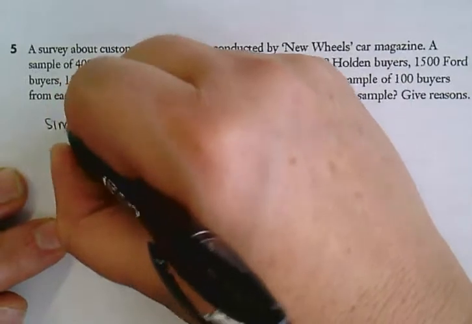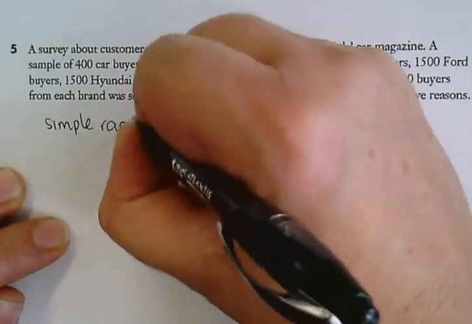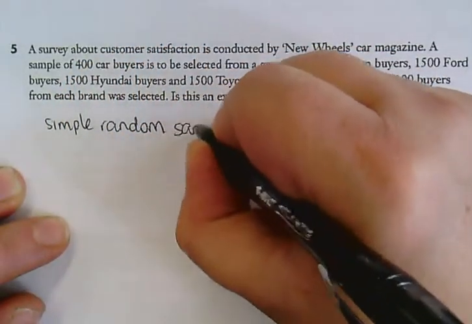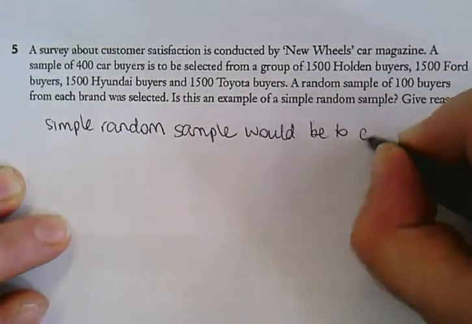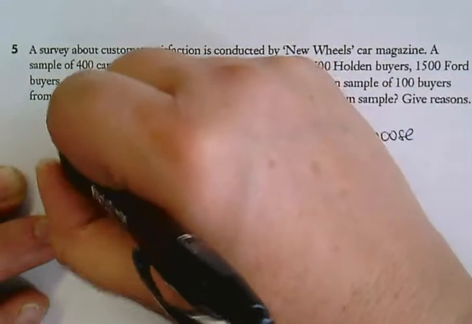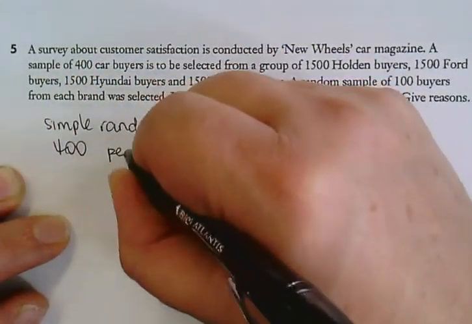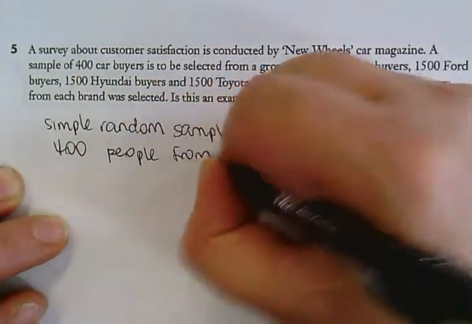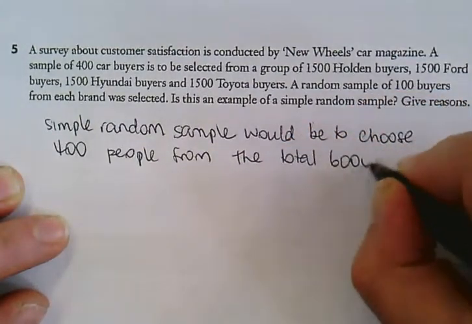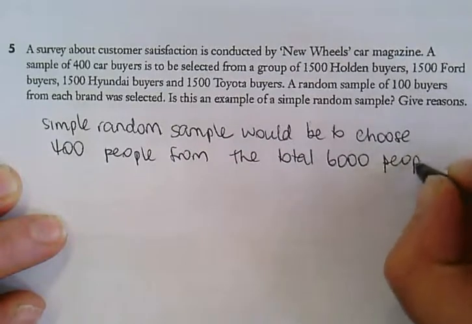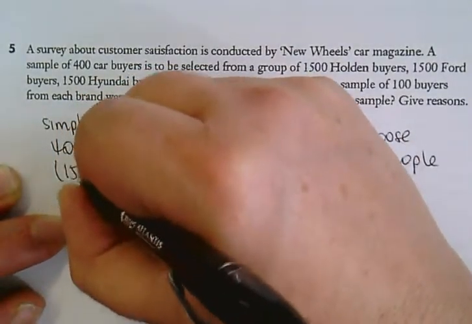I will explain what a simple random sample would be. A simple random sample would be to choose 400 people from the total 6,000 people. How did we get 6,000?